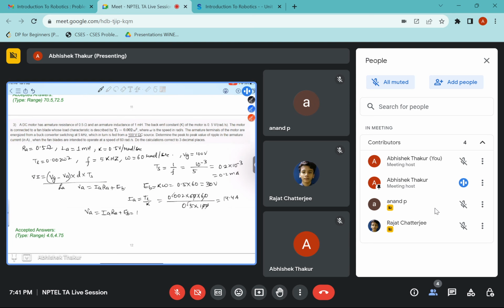This will be 14.4 into Ra, which is 0.5, plus Eb, 30 volts. So this will be 7.2 plus 30, that is equal to 37.2 volt. Also Vg is given as 100 volts. Duty cycle we know is equal to Va by Vg, so that is equal to 0.372.